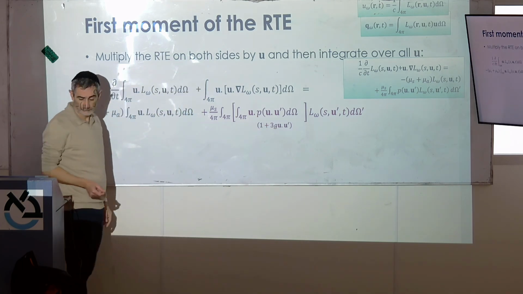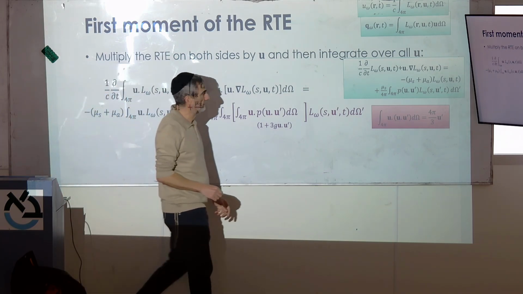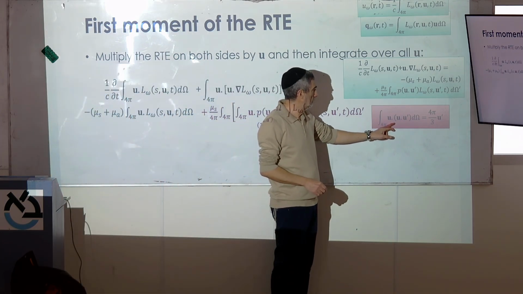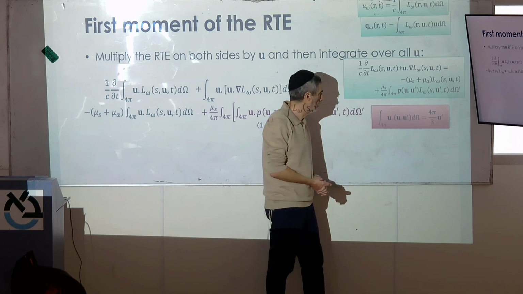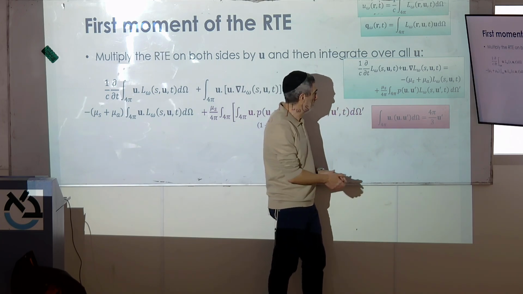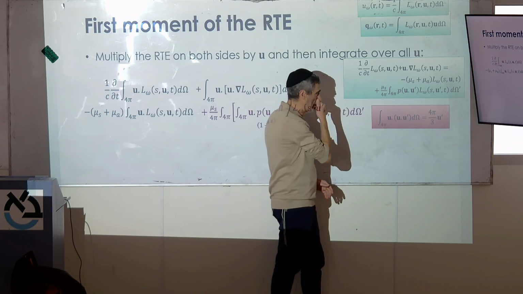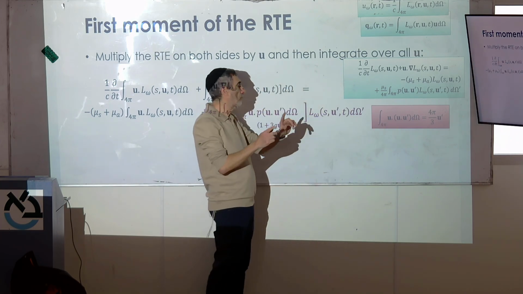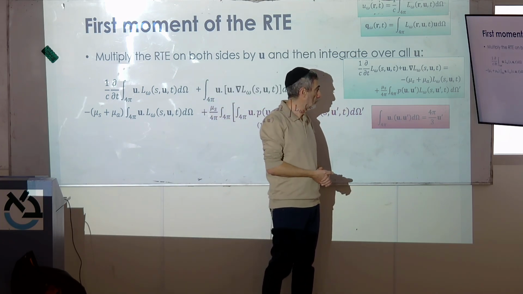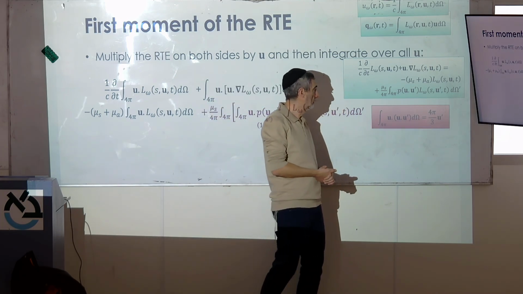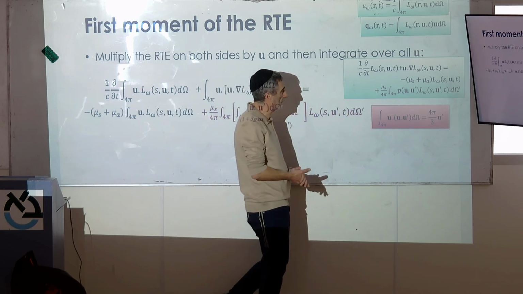And you can show that this integral is 4 pi over 3 times U prime. That's the integral of U times U: each component x, y, z gives an equal contribution, so that's the 1/3, and the integral over all the volume gives you the 4 pi.